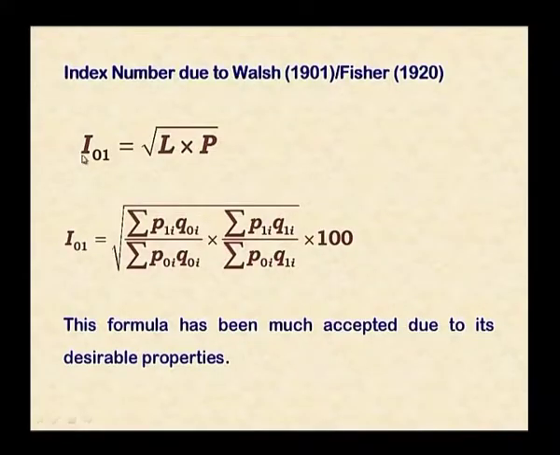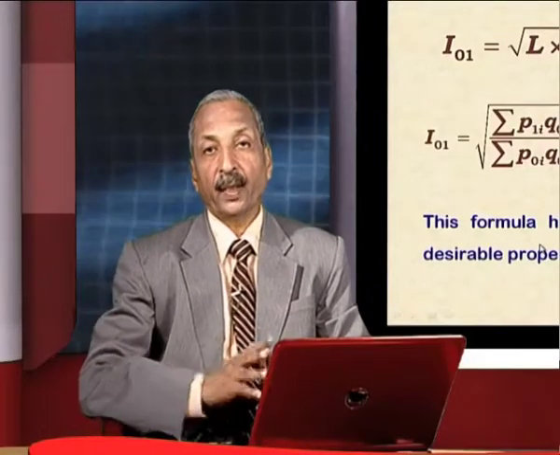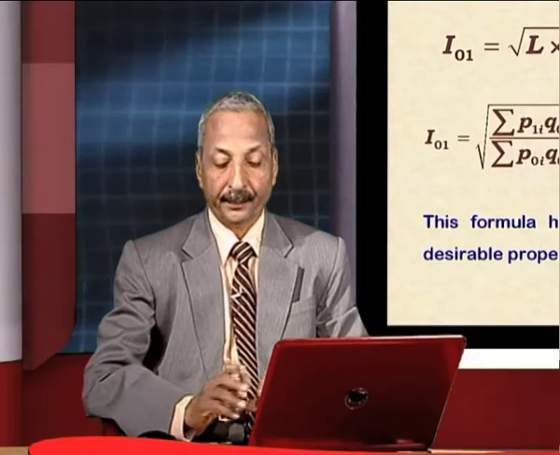That is, I01 is equal to the square root of the product of L and P. Here L denotes the Laspeyres index number and P denotes the Paasche's index number. That is, the full form of this index number is given here. This formula has been much accepted due to its desirable properties, which we are just going to discuss.